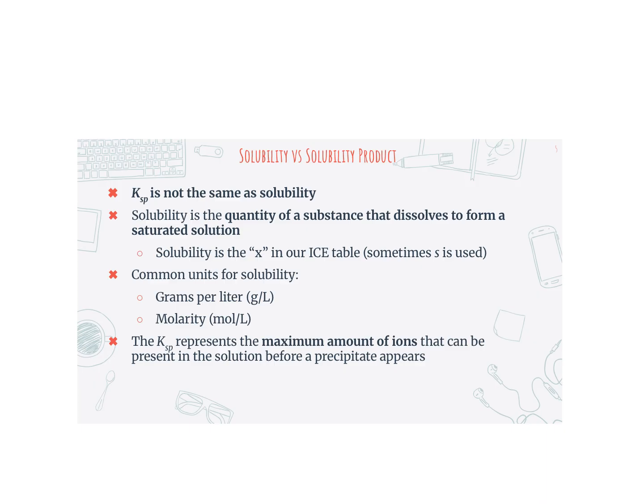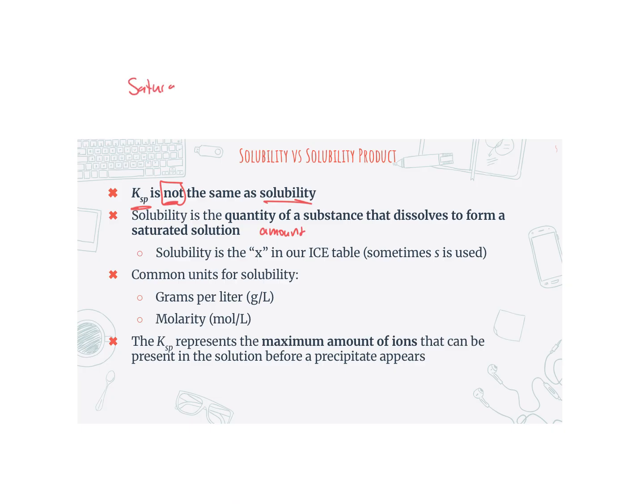Now, there's a few key terms to keep in mind here. For one, the biggest key term that I'll underline here is that KSP is not the same as what we call solubility. Solubility is the quantity or amount of substance that dissolves to form a saturated solution.